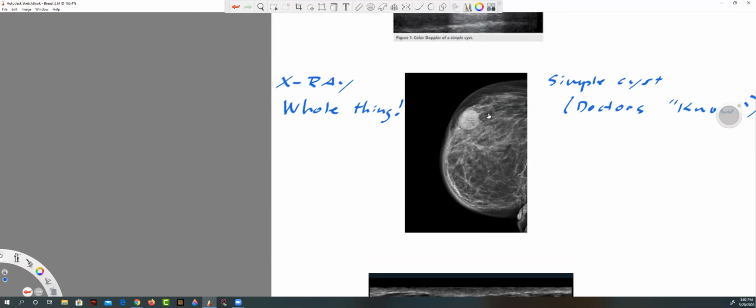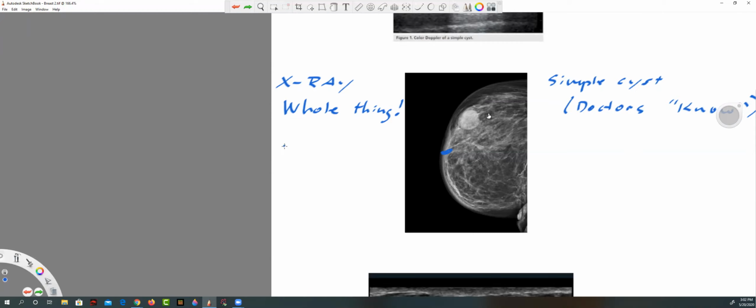We know it's on the top part of the breast because the nipple is right about here, but it could be anywhere from 2 o'clock all the way across to 10 o'clock. Could be anywhere in that breast because we're seeing the entire breast and everything in it. We're not seeing a slice.